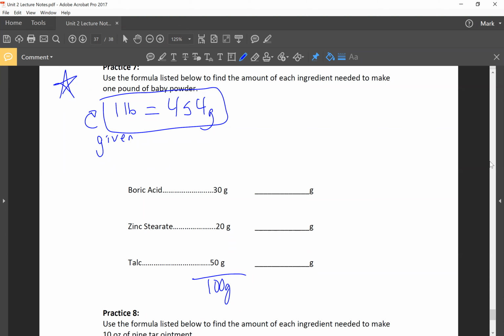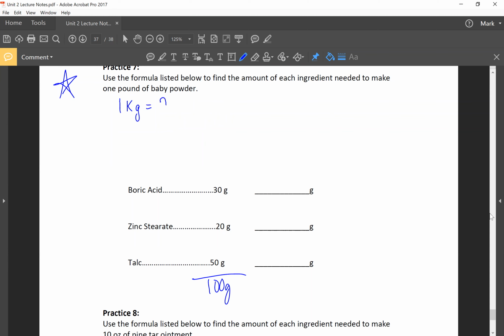But there you go. 1 pound is equal to 454 grams. Or actually, what you would likely be given on a test, and I'm going to change how this one's done, is that 1 kilogram is equal to 2.2 pounds.